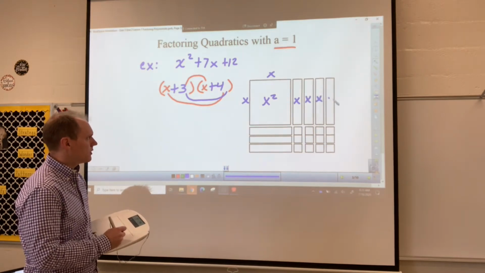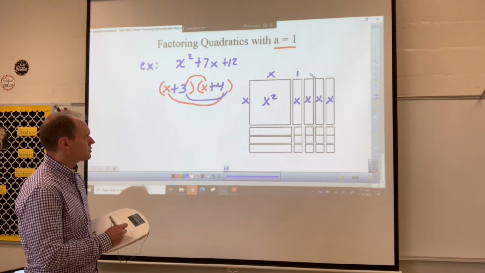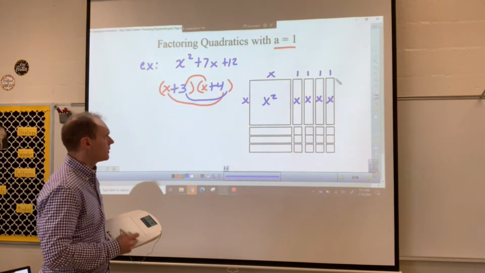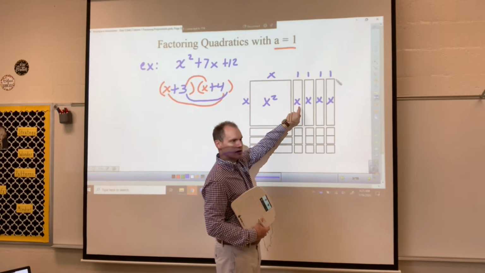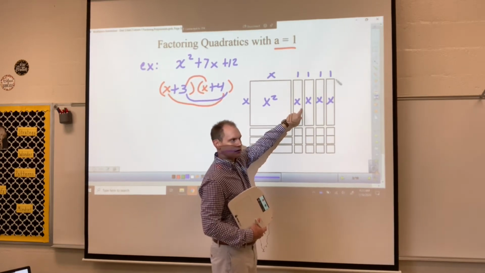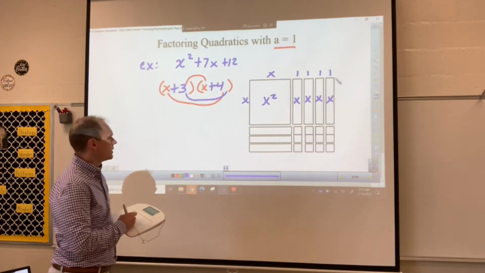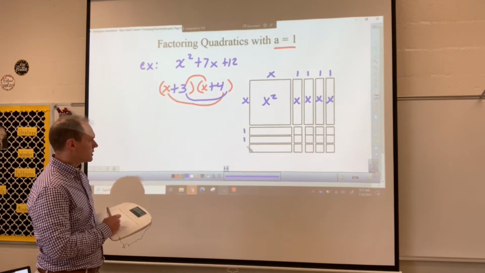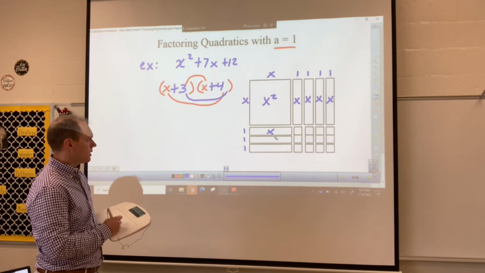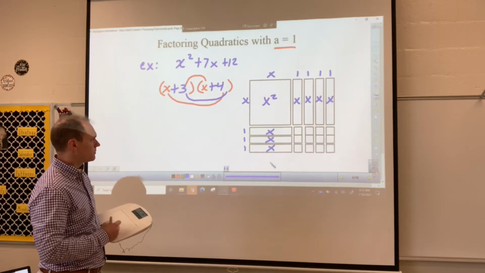It has an area of x. So this length here is just 1. So if we have a length of 1 and a width of x, then this area is x. If that makes sense. We have the same thing going on down here. Again, the length here is x, and the width is, in this case, 1. So we have areas of x down here as well.